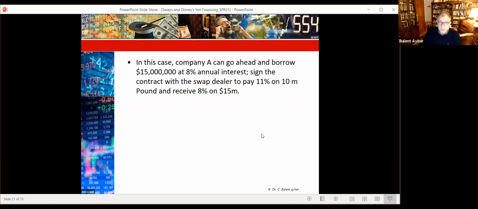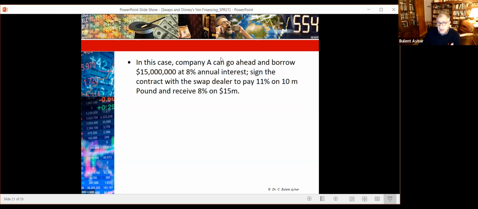So as a result of this, company A can go and borrow $15 million at 8% annual interest. Company B will borrow 10 million pounds at 12% interest.